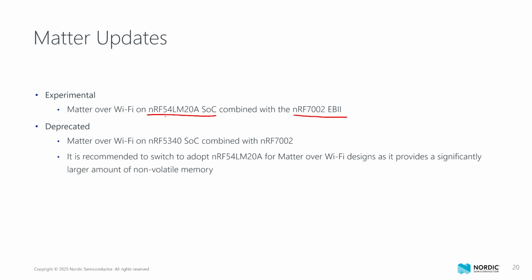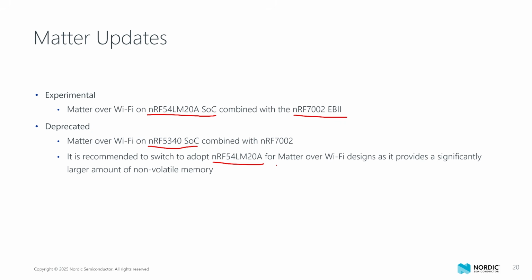Because we are now introducing this, we're also deprecating Matter over Wi-Fi on the nRF5340 SoC. This has been so far our recommended approach for Matter over Wi-Fi designs, but now the recommendation is that you switch and adopt the nRF54 LM20 for Matter over Wi-Fi designs.